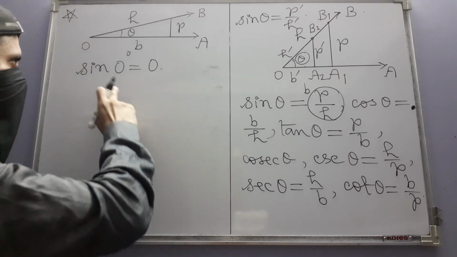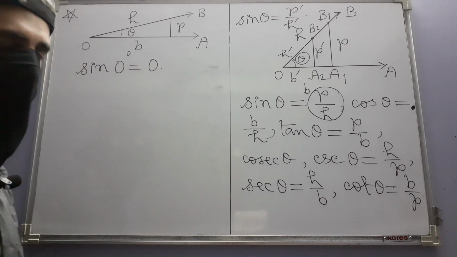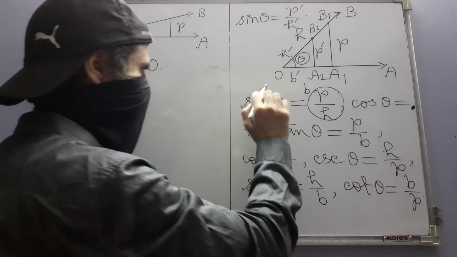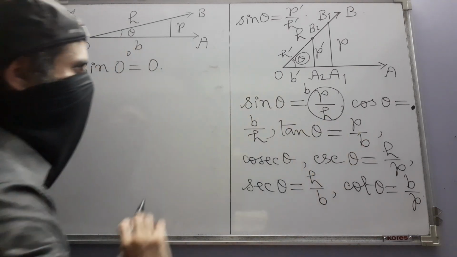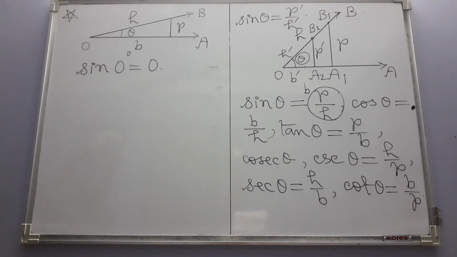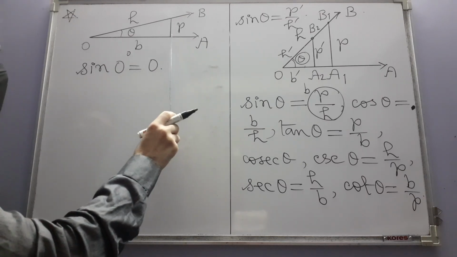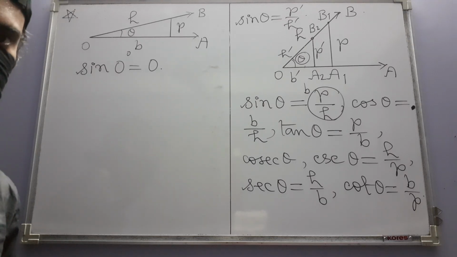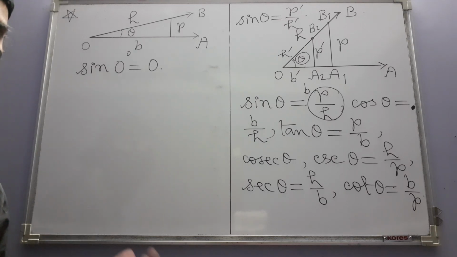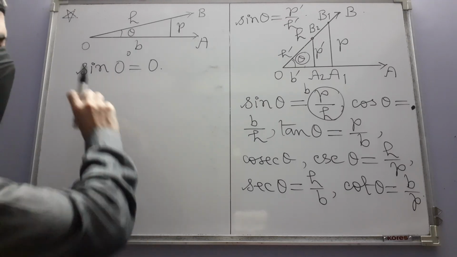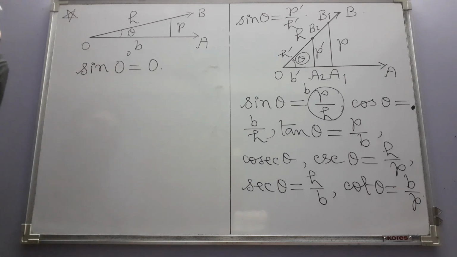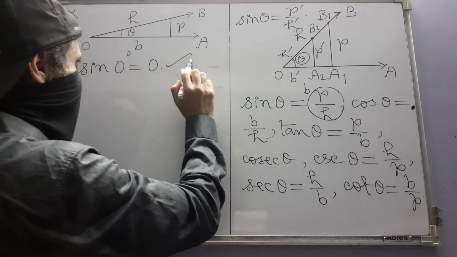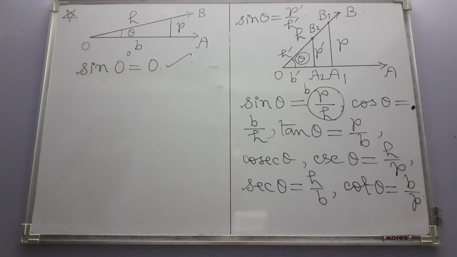In that sense also you can say that sine theta should be 0. However, these definitions only work for acute angles. And the triangle you will obtain where you have 0 degree will be a degenerate triangle having no area at all. It doesn't even look like a triangle, it will look like a line segment. But anyway, it is reasonable to define sine 0 degree to be equal to 0.